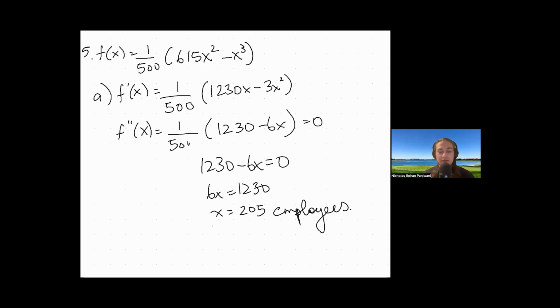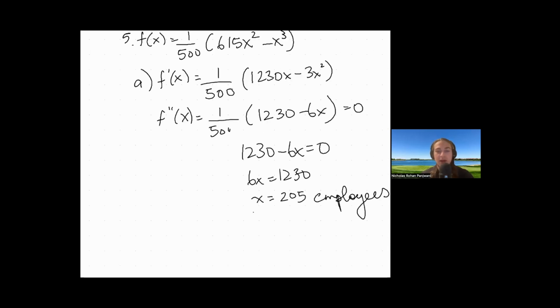That means the productivity of each employee after 205 is less than the 205th. The 212th is less than the 211th, the 213th is less than the 212th, in this type of function.